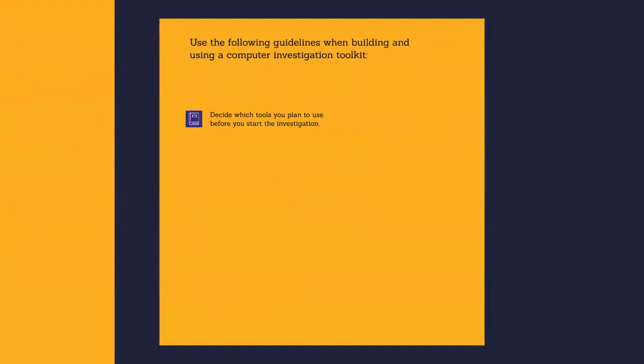The toolkit will typically include dedicated computer forensic software such as EnCase, FTK, or ProDiscover. Ensure that you archive and preserve the tools. You might need a backup copy of the computer investigation tools and software that you use in the investigation to prove how you collected and analyzed data.